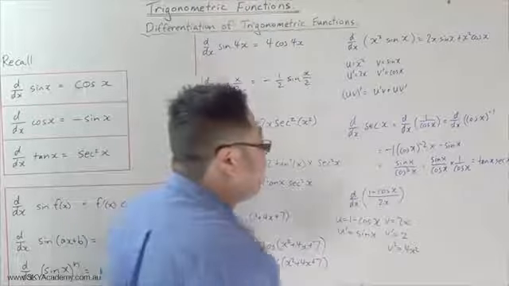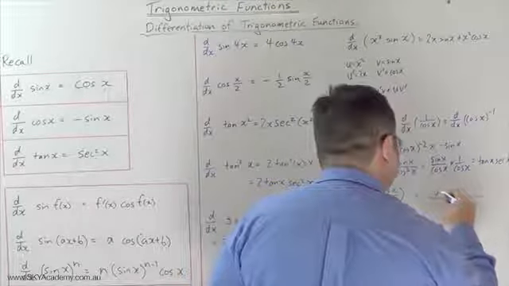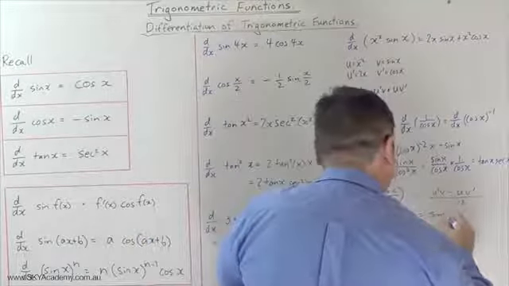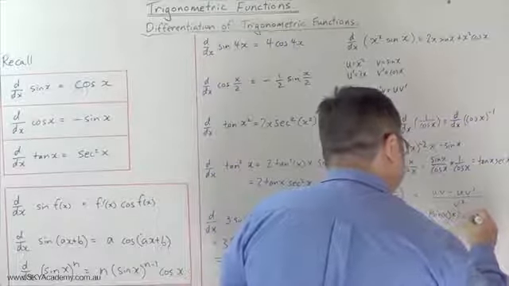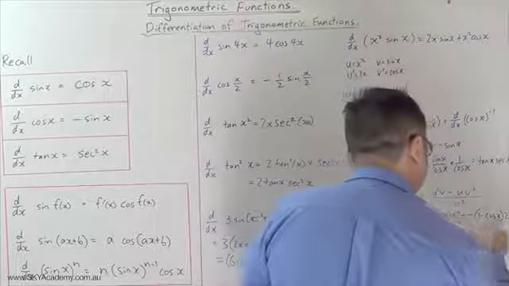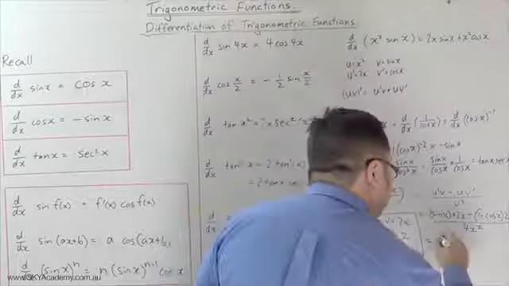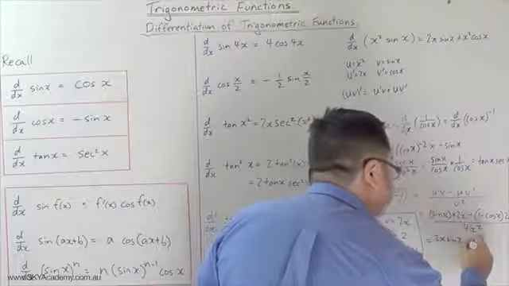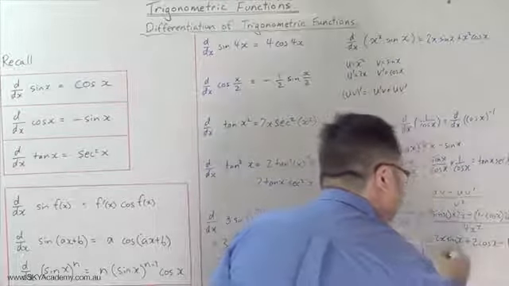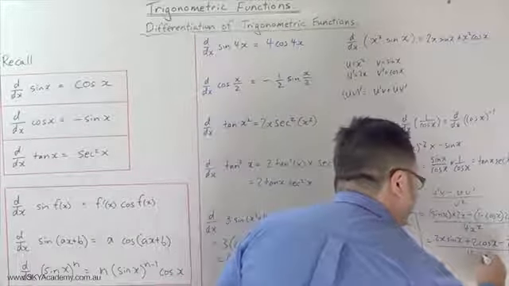That will be equal to u dash v minus u v dash all over v squared, which is sine x times 2x minus 1 minus cosine x times 2, all on 4x squared, equals 2x sine x plus 2 cosine x minus 2 all on 4x squared.